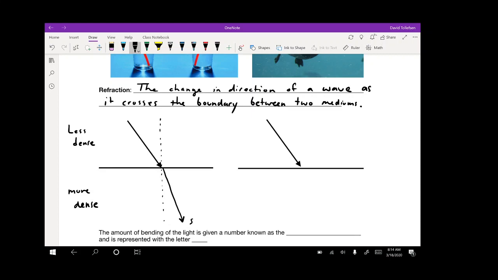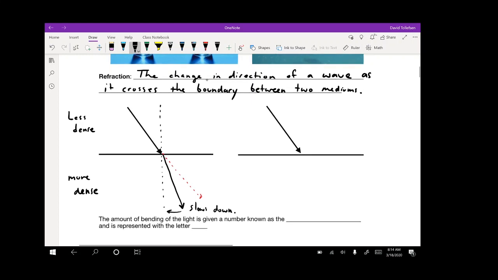All right, it slows down and bends inward towards the normal. If these were the same material, the light would just keep going straight forward. But because it's slowing down as it gets into a more dense substance, it's going to bend towards the normal.